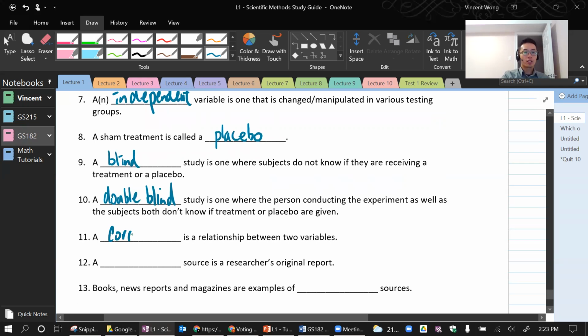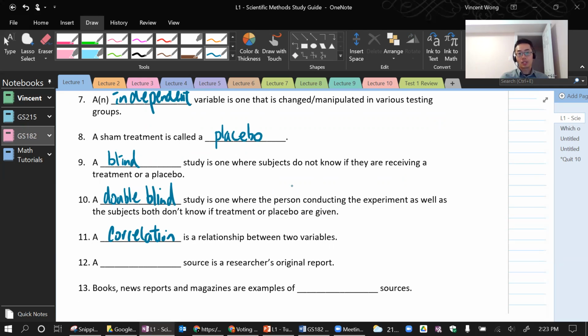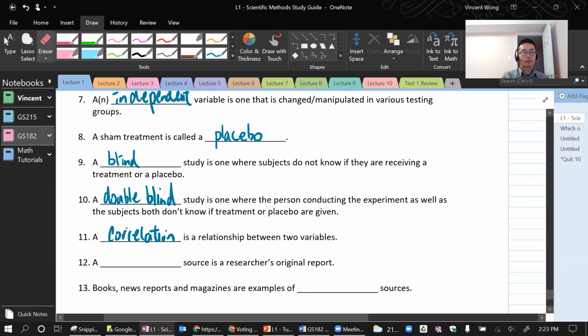A correlation is a relationship between two variables. And in the recording, I talk about the difference between correlation and causality. Just because there's a correlation between two things doesn't mean one causes the other.